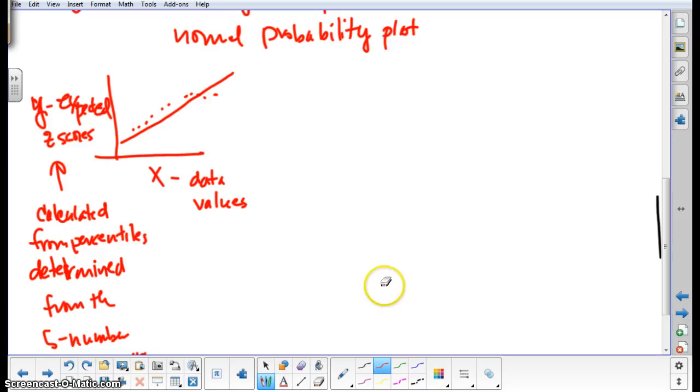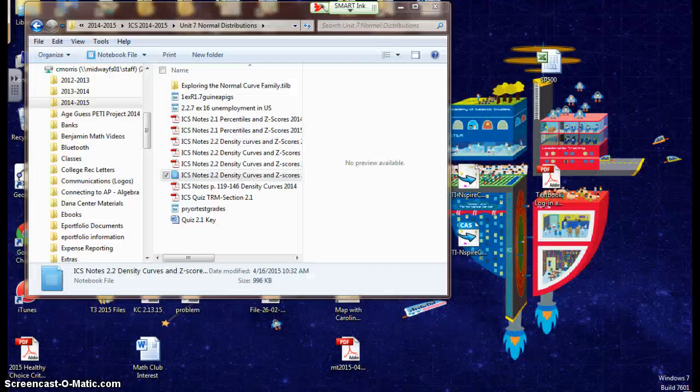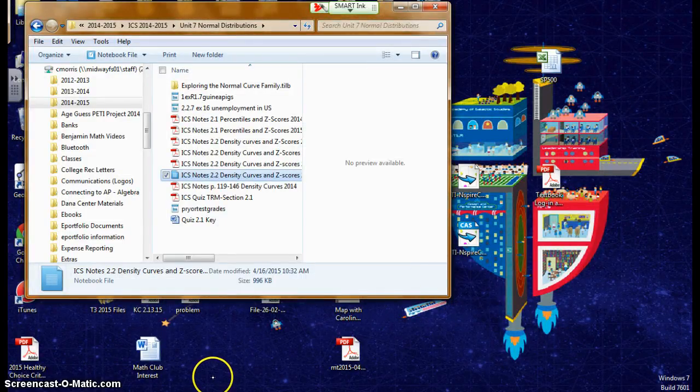So let's look at a couple of examples of those, and we're going to go to examples in your textbook and pull that data into the calculator. Let me go over to the textbook first and let you see these data values.